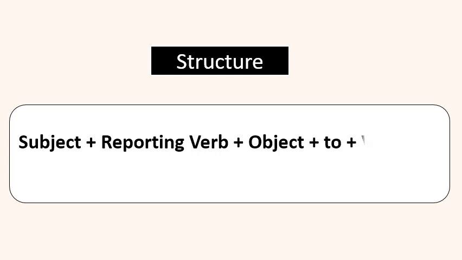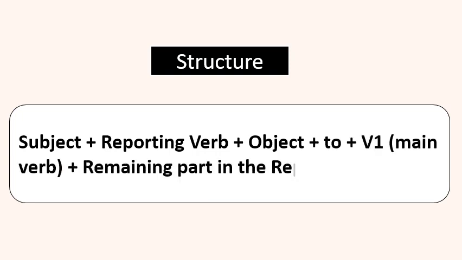The most important tip for you is that most of the time the structure of indirect speech for imperative sentence is like this: subject plus reporting verb plus object plus to plus first form of the verb, that is main verb, plus remaining part in the reported speech.